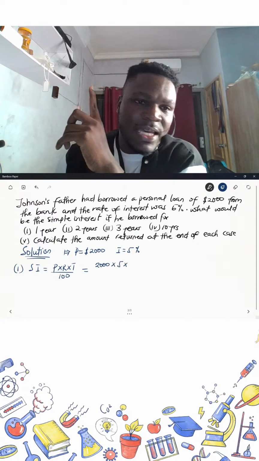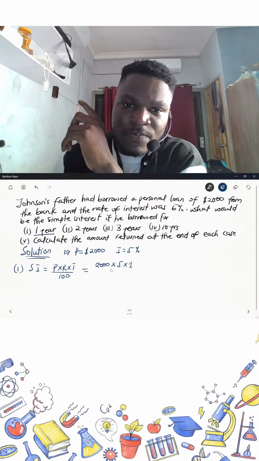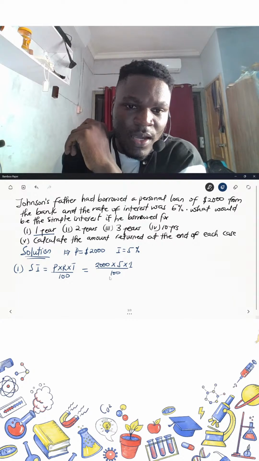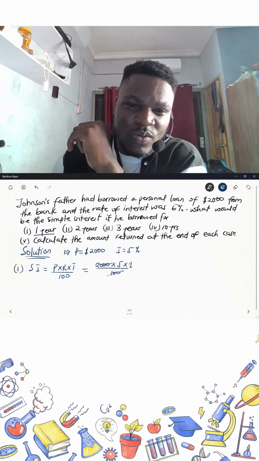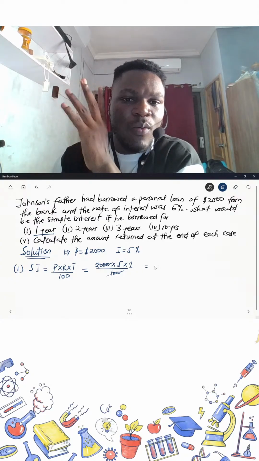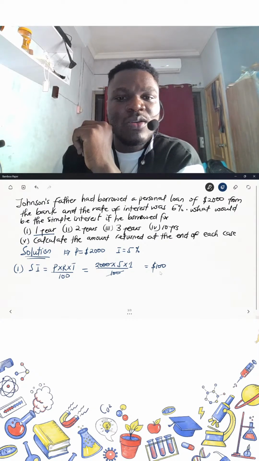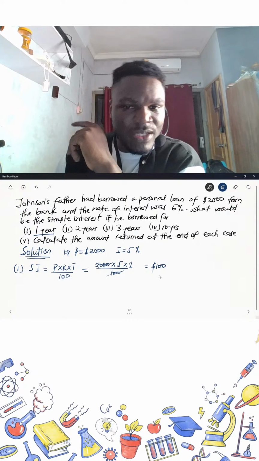The time in the case of I is 1 year, all divided by 100. The 100 will cancel the 2 zeros, so we have 20 multiplied by 5 multiplied by 1. And 20 multiplied by 5 is 100. So we have $100 as the interest.